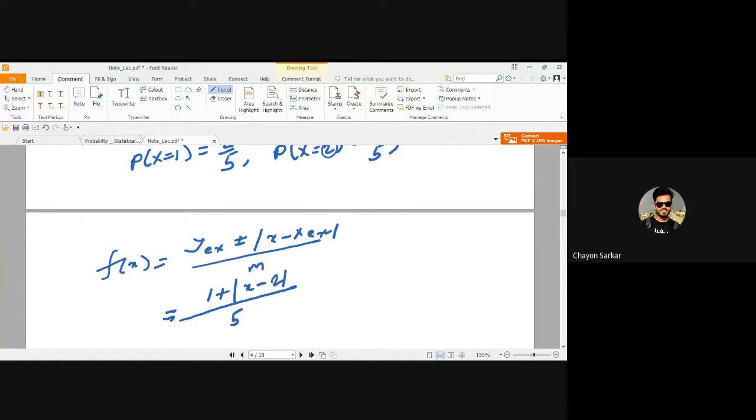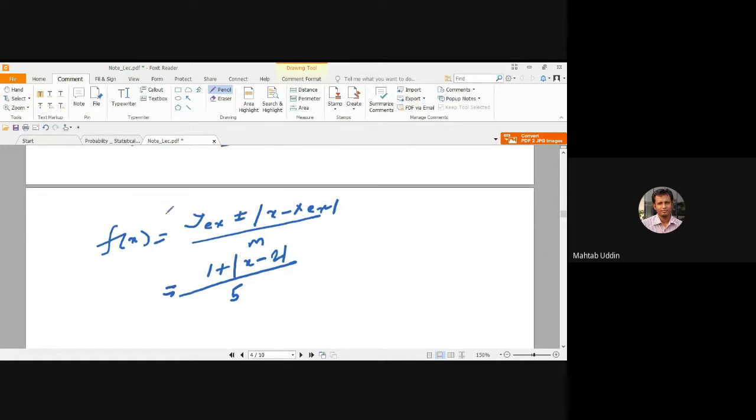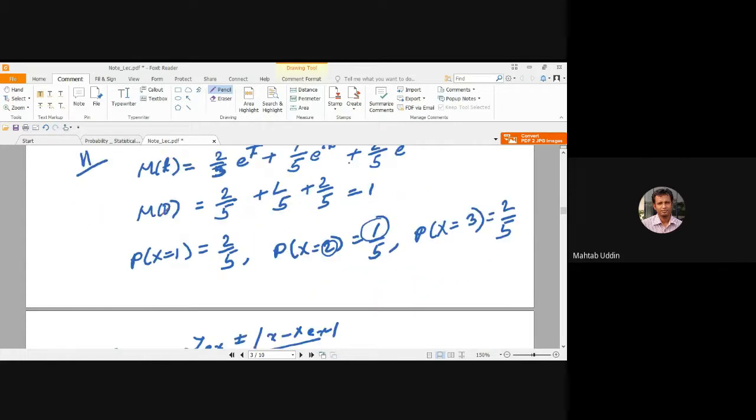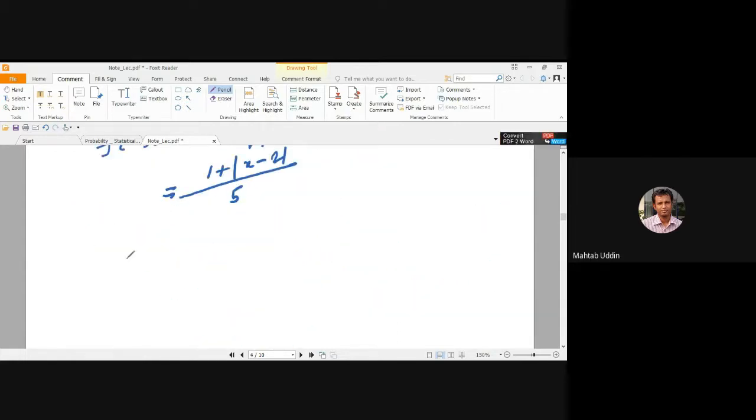Yes, sir. Then for the moment generating function, we now need the mean and variance. How can we find the mean and variance? We first find M dot of t.